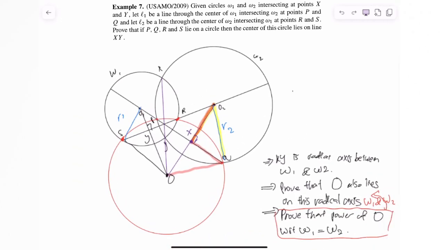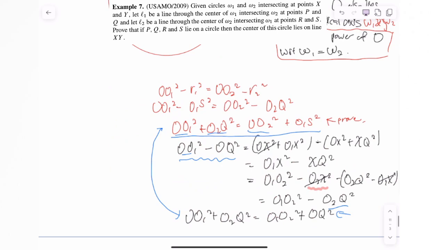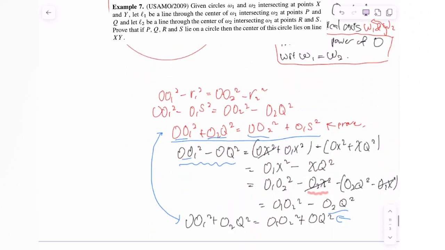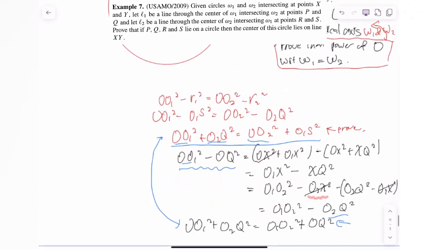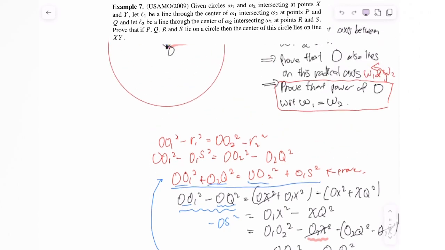O2 squared gives you a hint of what triangle we need to look at. Obviously it's this one. Just now we did minus OQ squared, now we just do minus OS squared to get S introduced in here.